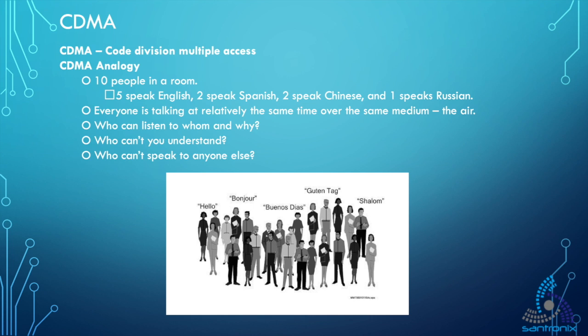If you know only English, you will easily ignore the Spanish, but you can easily interpret the English. So basically you split the signal into different codes, and you only accept the code that you understand.